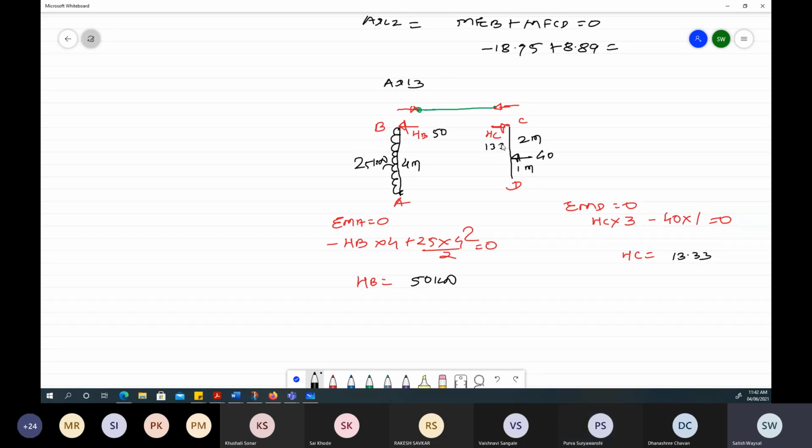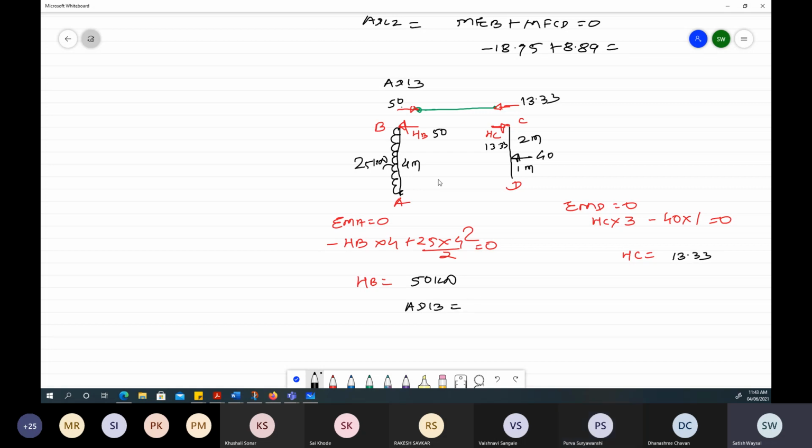Now this will be 13.33 over here, and this will be 50, which is acting over here like this. These we have transferred to this. Now here we can apply the directions of this frame. First you got these reactions, so we have to find out ADL3 now.